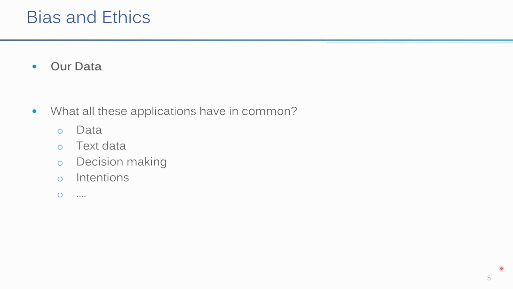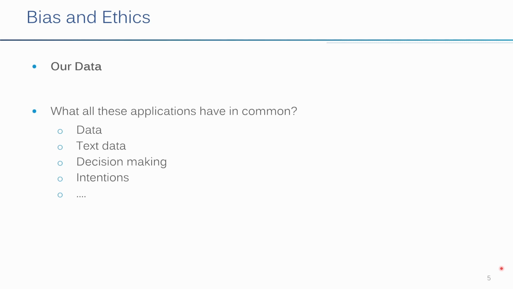But before we get into this, let's take a look at all the elements that we went over through the entire course. So when we look at data, text data, decision making, intentions, what do all those things have in common?